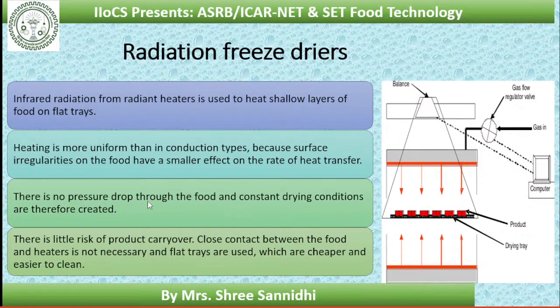There is no pressure drop through the food, and constant drying conditions are therefore created. There is little risk of product carryover. Close contact between the food and heaters is not necessary, and flat trays are used, which are cheaper and easier to clean.